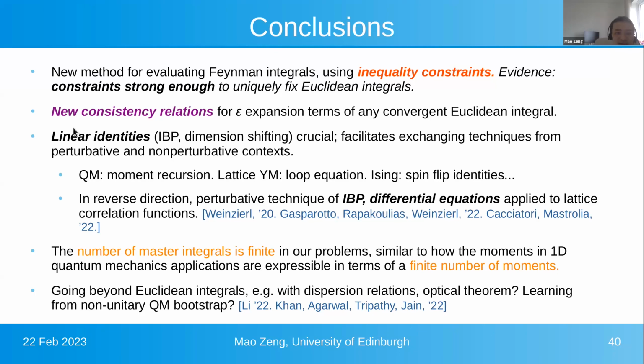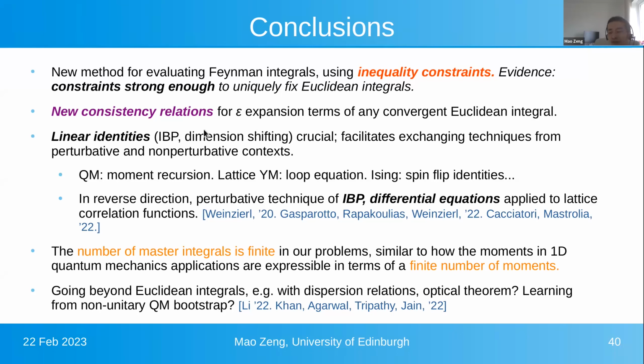I would say that in the grand scheme, even our three-loop problem looks like a rather simple application, because for Feynman integrals, it's known that the number of master integrals is finite. That's similar to how a finite number of moments is needed in bootstrapping one-dimensional quantum mechanics.